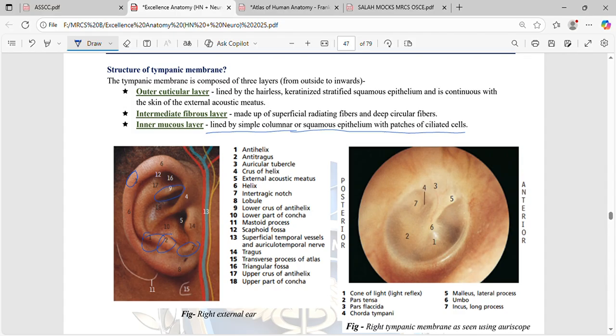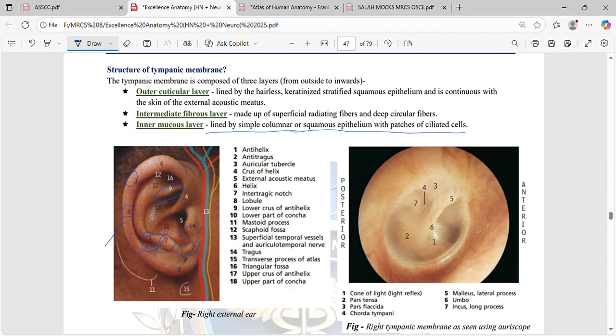As we discussed earlier, number 6 is the helix, number 1 is the antihelix, and 9 is the superior crest, and number 2 is the antitragus, and 14 is the tragus. 14 is the tragus, and opposite to it will be the antitragus.